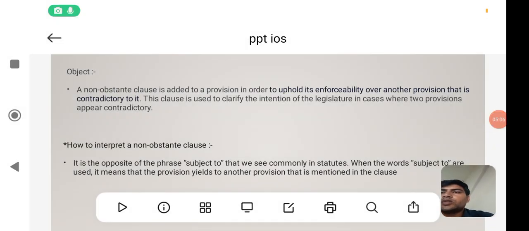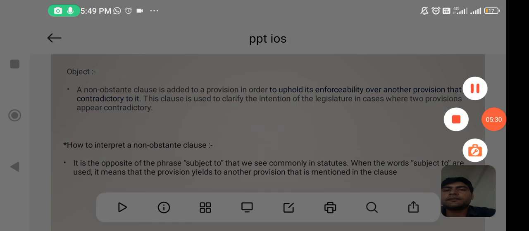The object of a non-obstante clause is added to the provision in order to uphold its enforceability over another provision that is contradictory to it. This clause is used to clarify the intention of the legislature in cases where two provisions appear contradictory.